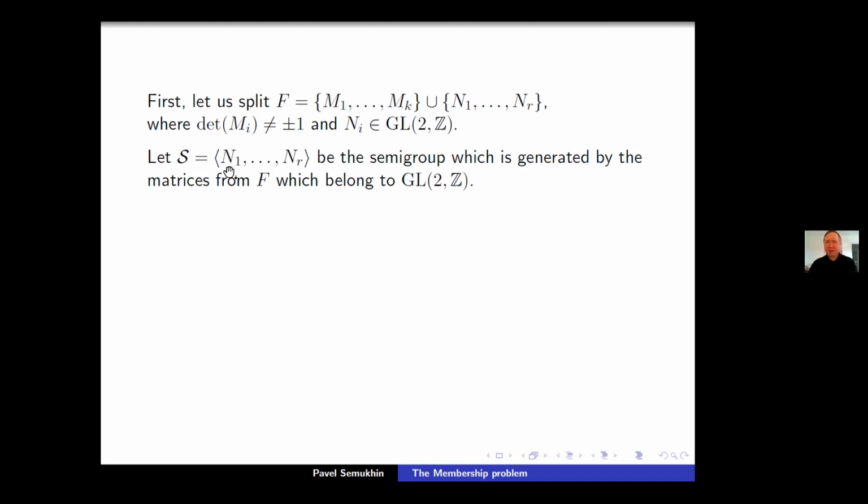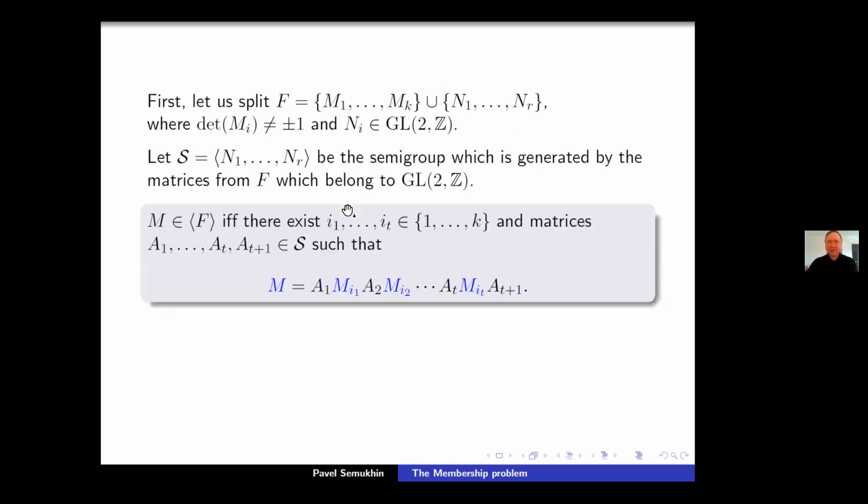In other words, they belong to GL2(Z). And now let us consider a semigroup S generated by these matrices from GL2(Z). Then we have the following equivalence.